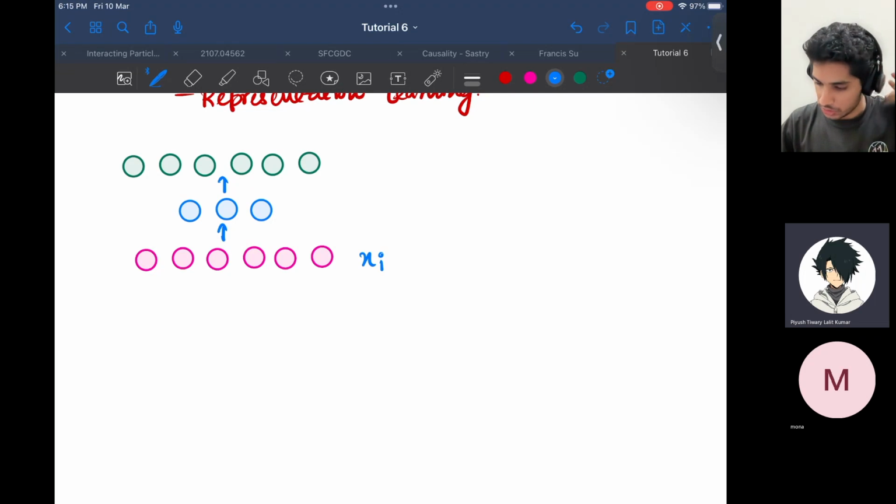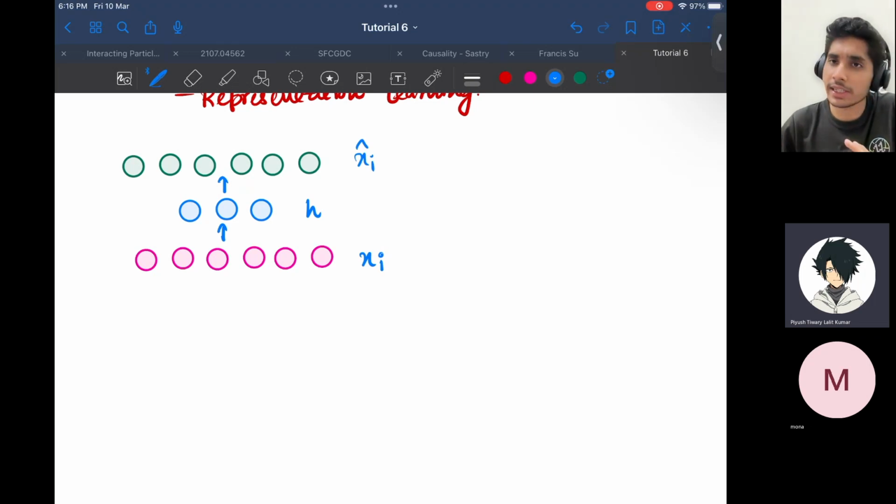It takes some data xi as input, computes some intermediate representation h, and after h it tries to decode or reconstruct the data that was given to it, and we call it xi hat.